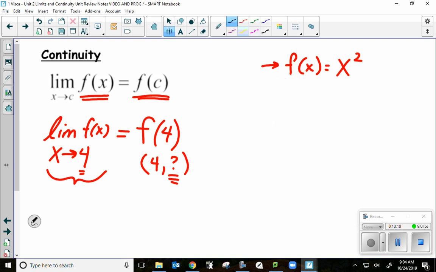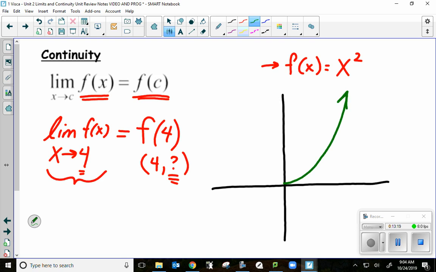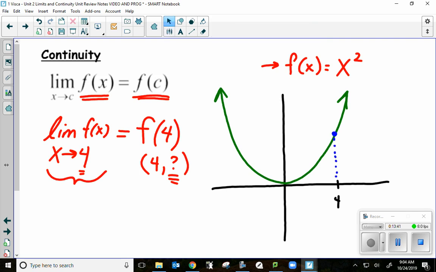I have coordinates, and I have a parabola. This is when x approaches 4. Let's say this point right here, and here's 16.